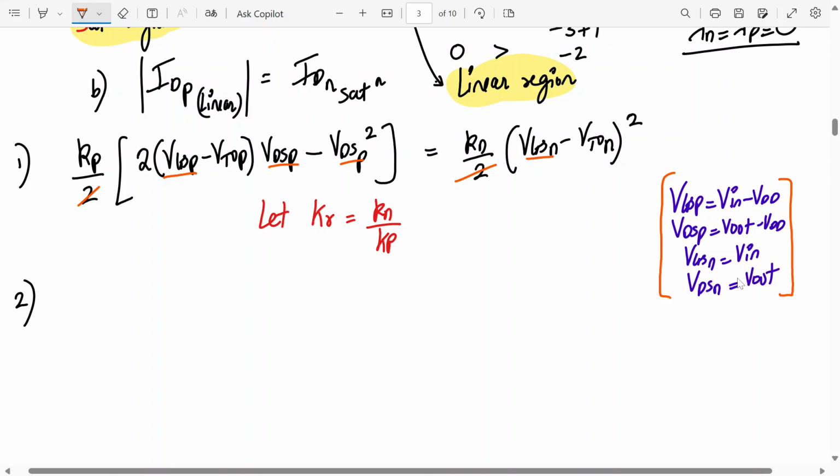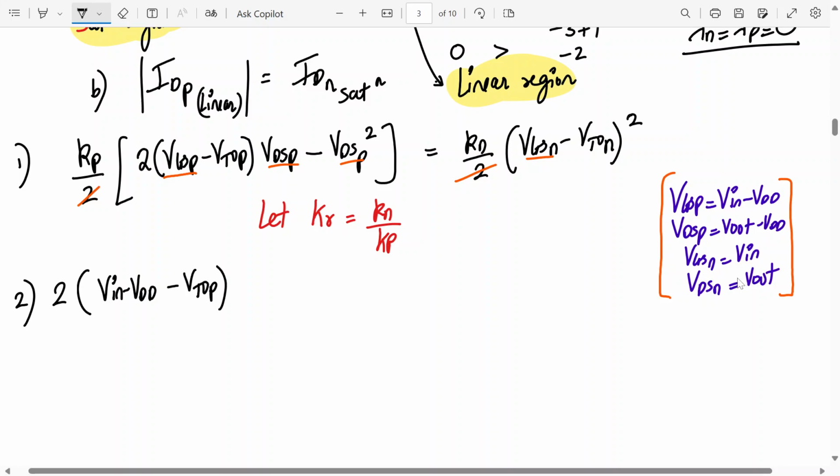So here I will get twice, instead of VGSP I'll write V in minus VDD minus VTOP as it is.